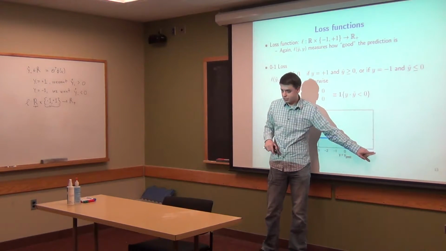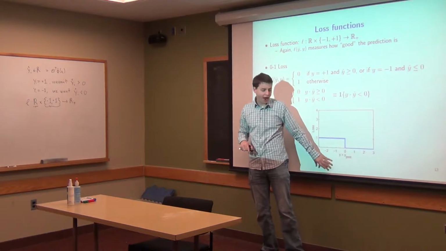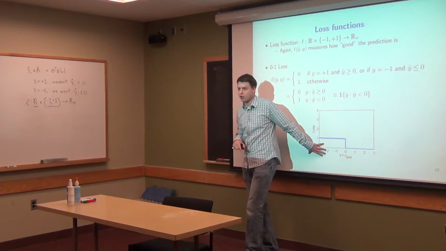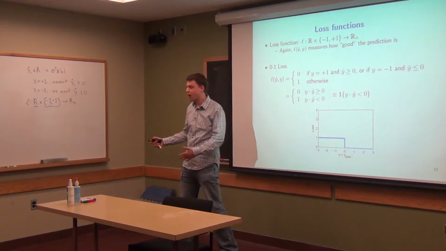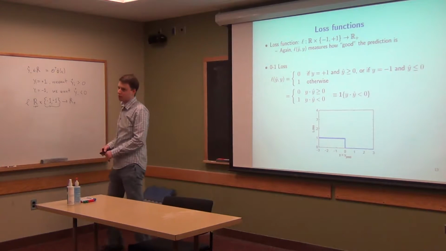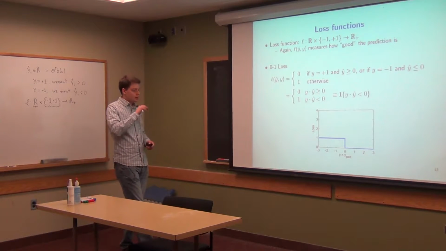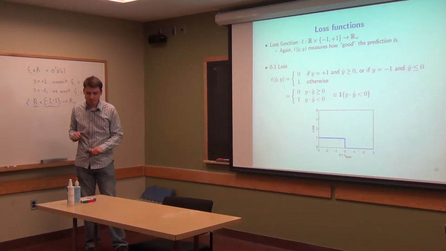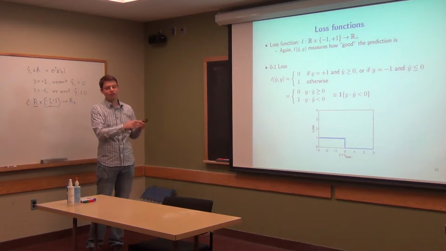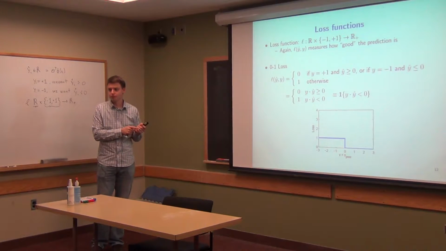If it's positive, we suffer loss 0. This is a graph of this loss function, which we call 0-1 loss, or just accuracy sometimes. There are a lot of names, but 0-1 loss is probably the most common. Does this notation make sense to everyone?